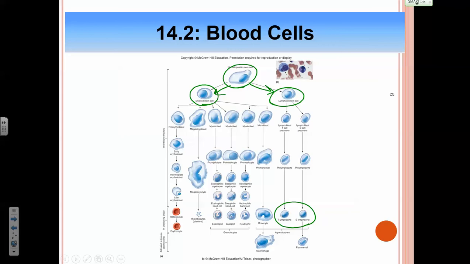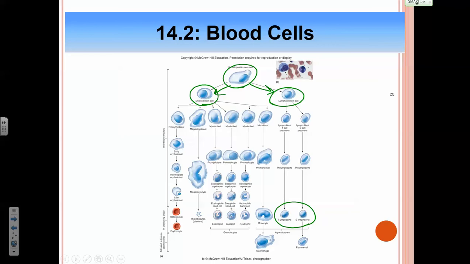But if a person has that, they're producing too many of a certain type of white blood cell, and it usually affects that white blood cell line. They're not normal, so they're not functioning correctly. And because these stem cells are spending so much time making the white blood cells, they don't spend enough time making the red blood cells.